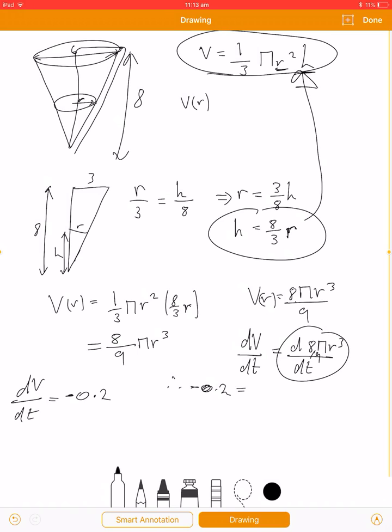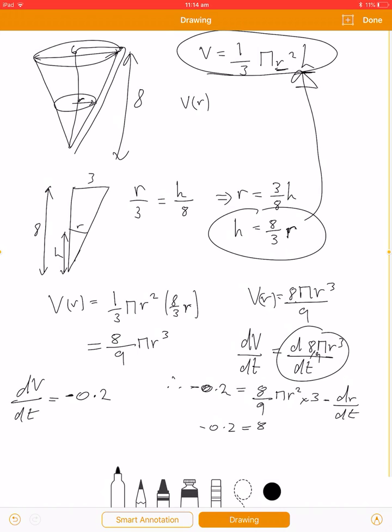So to differentiate that, R is a function of t, so we differentiate R to start with. So we're going to have 8 over 9 pi R squared times 3 times dr over dt, and that's the chain rule there.